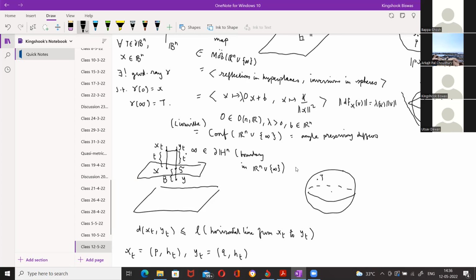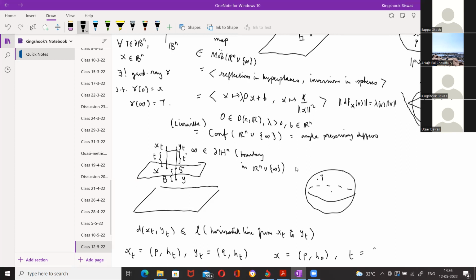Suppose x is equal to p comma h0. Then I know that t is equal to the length of this geodesic from x to xt.